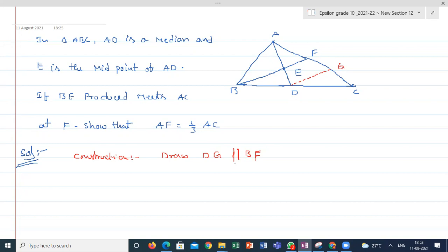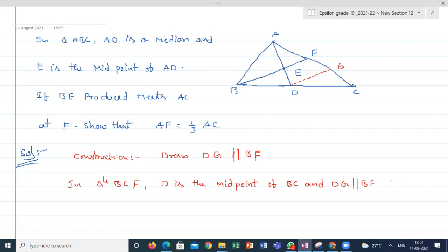Since, I can say like this, in triangle BCF, D is the midpoint of BC, and from my construction DZ is parallel to BF.